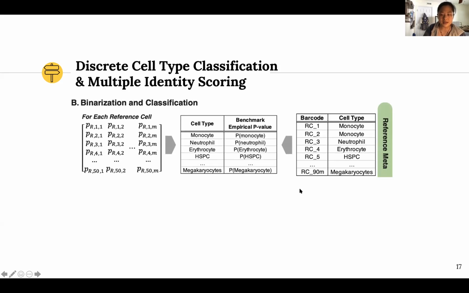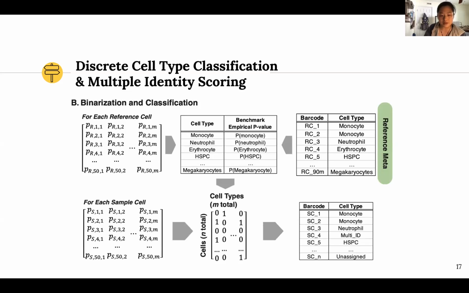Because for the reference data we already know the cell type of each reference cell, we can use these empirical p-values to obtain a benchmark empirical p-value. Using this benchmark empirical p-value for each sample cell, we will be able to get a binarized cell type call, based on which we will call their cell types accordingly, and when the cells have more than one identity called, we will label them as multiple identity cells.